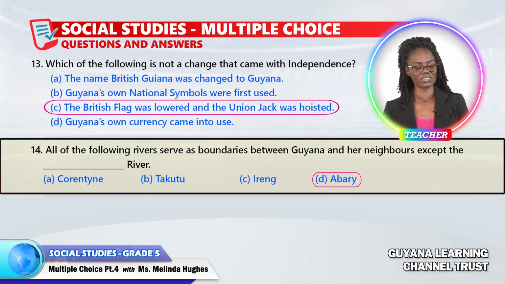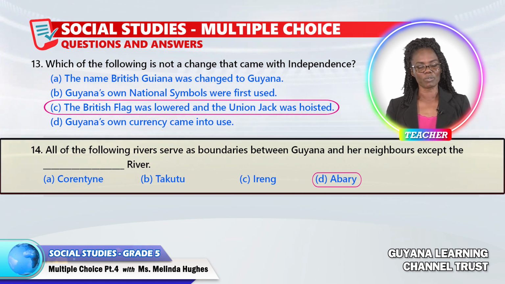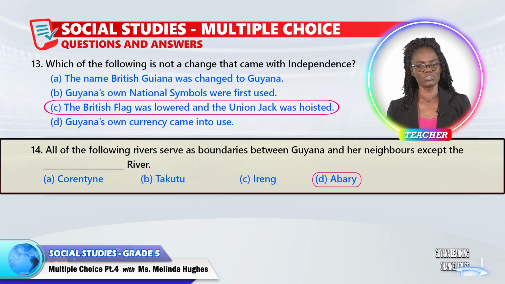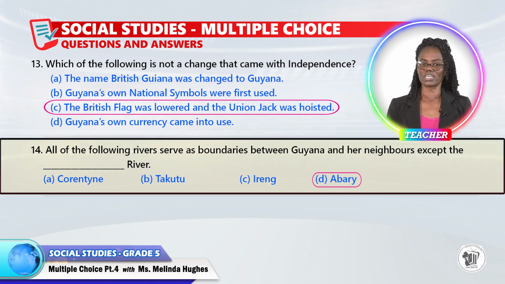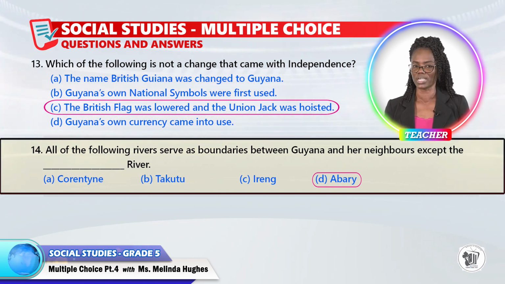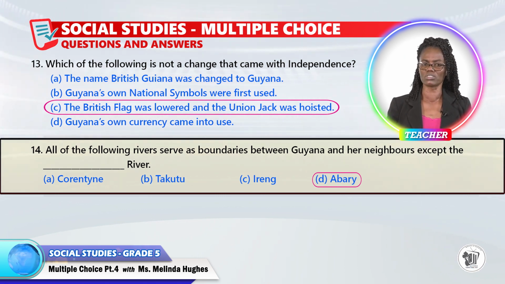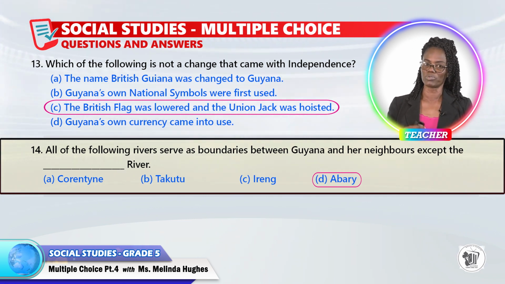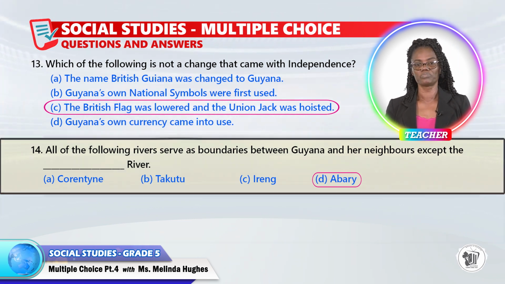As a matter of fact, the Abari River separates the county of Demerara from the county of Berbice. The other rivers, the Corentyne, the Takutu, and Iring rivers, are boundaries between Guyana and her continental neighbors, specifically Suriname to the east and Brazil to the south.